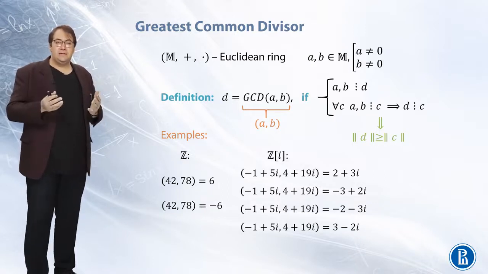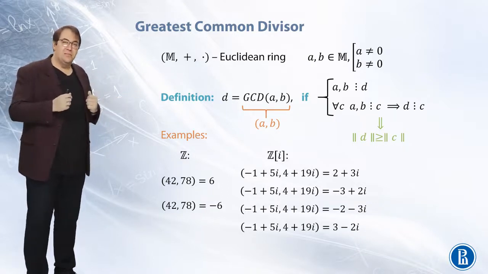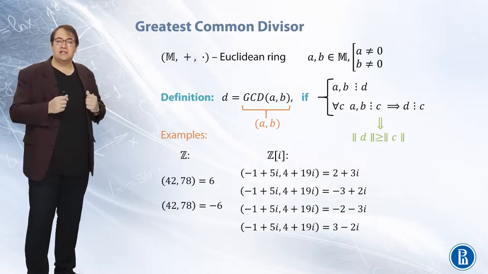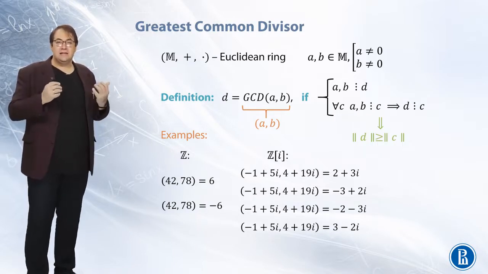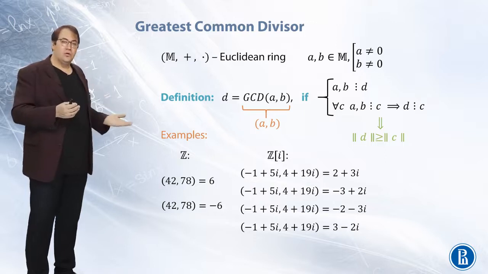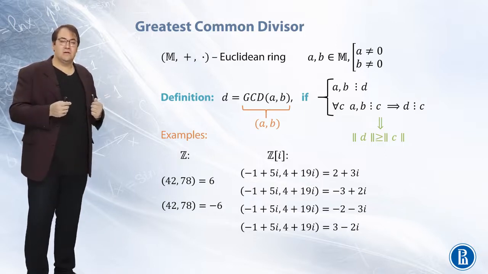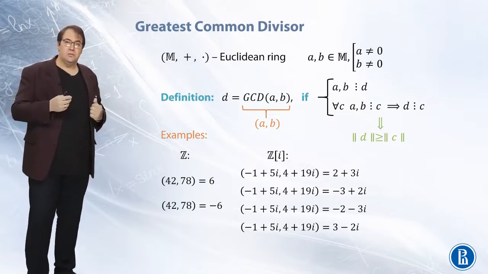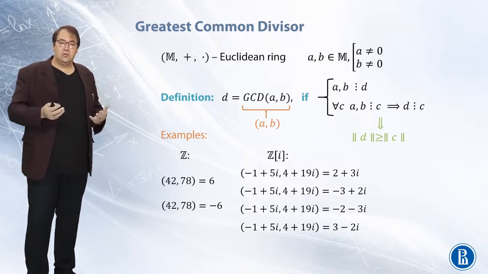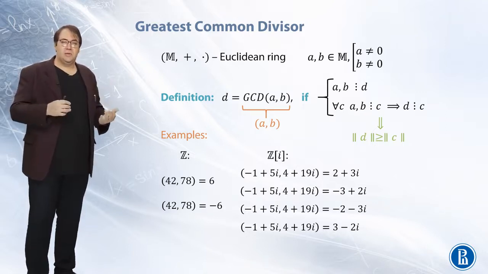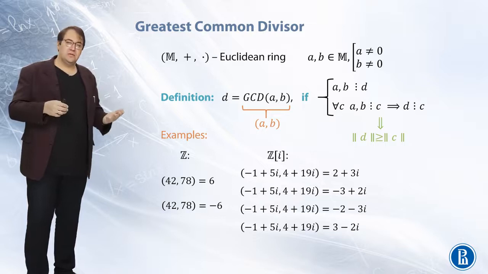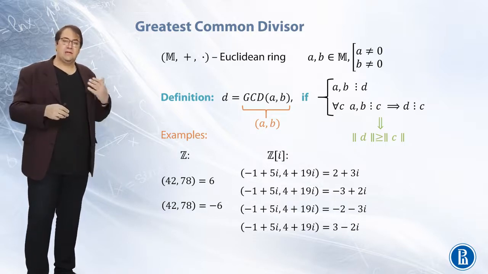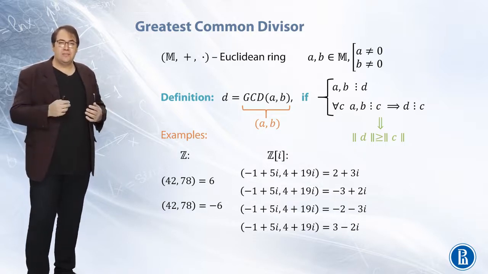If we take this pair of complex integers, then any of the 4 complex integers on the right-hand side is a common divisor of these two complex integers: 2 plus 3i, minus 3 plus 2i, minus 2 minus 3i, and 3 minus 2i.